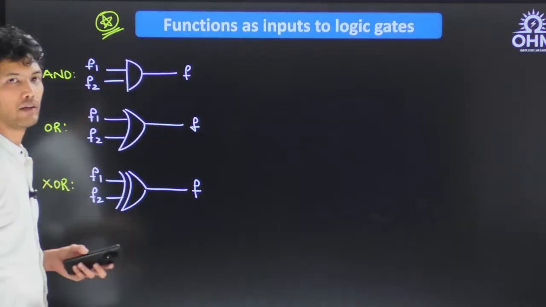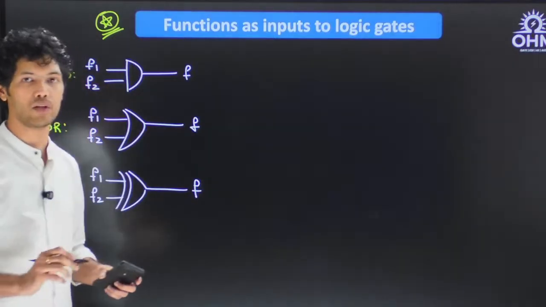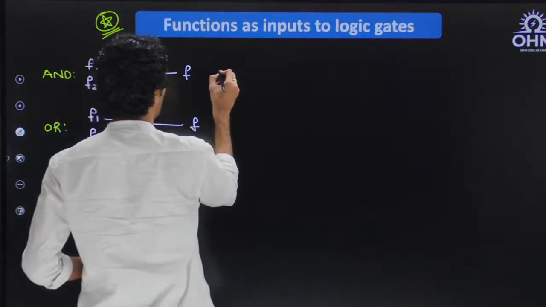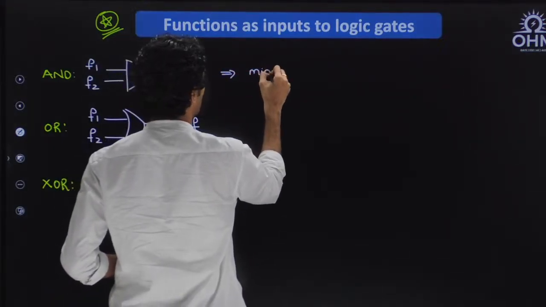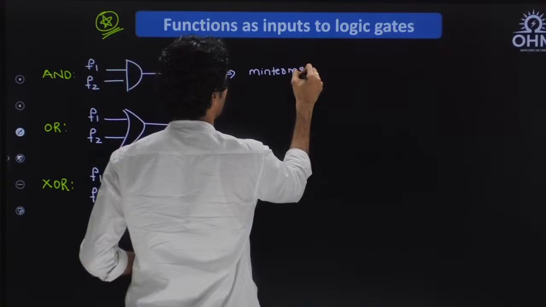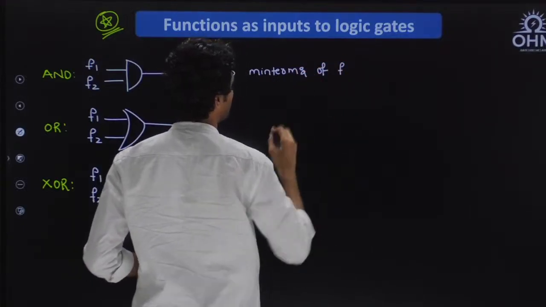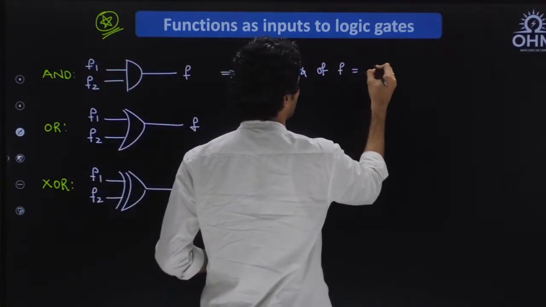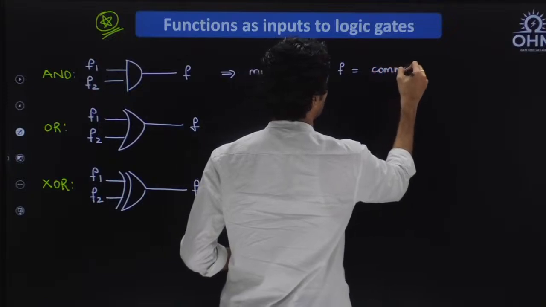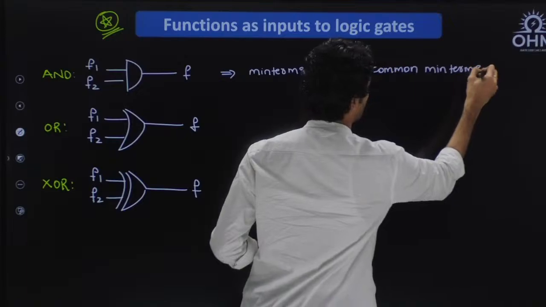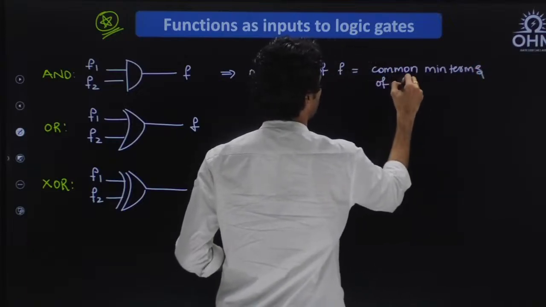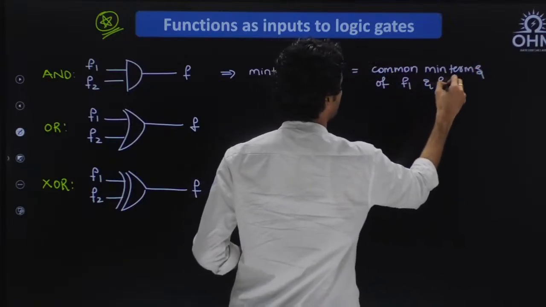In the first case, whenever we have the AND gate scenario, we can express the output in terms of minterms. In this case, the minterms of F are equal to the common minterms that you have in F1 as well as F2.